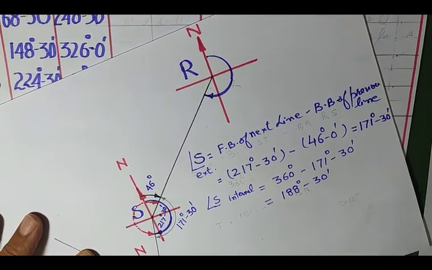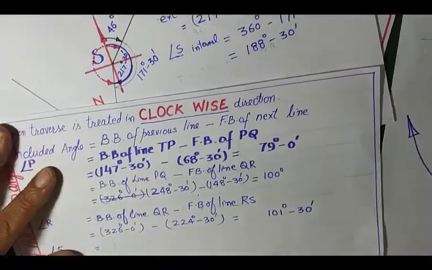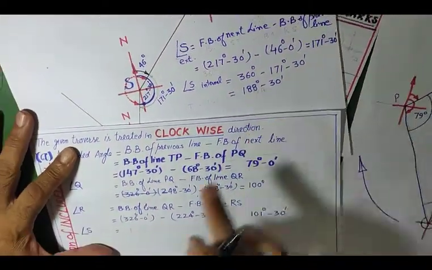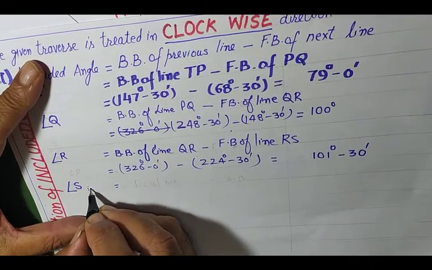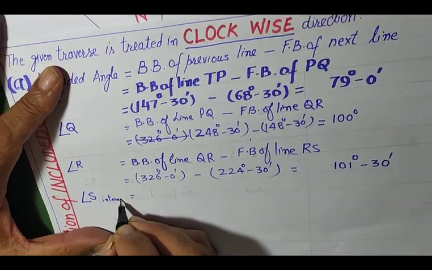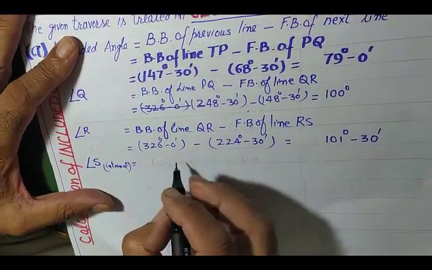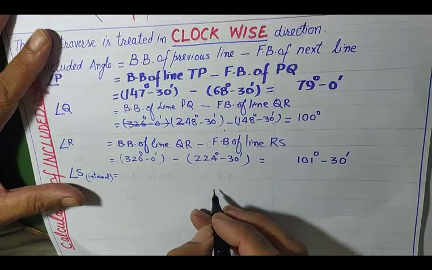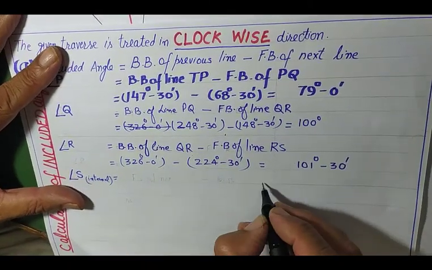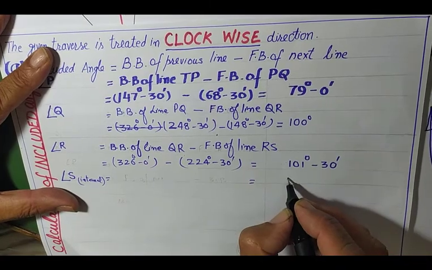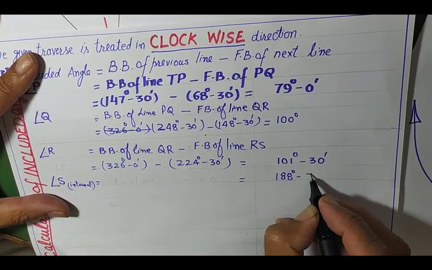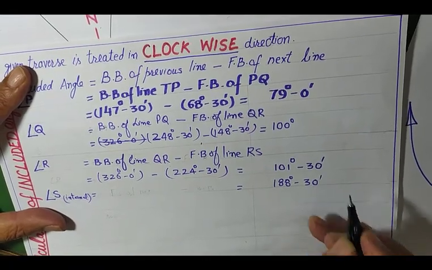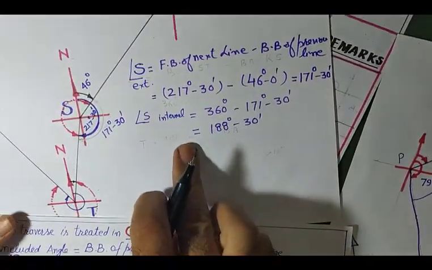Because I have given the separate calculation for this, I can directly write the internal angle value here, 188 degree 30 minutes. How it is calculated, I have given the demonstration over here.